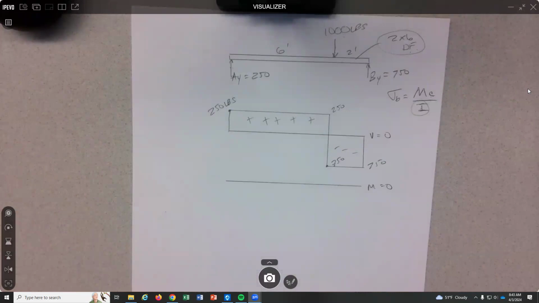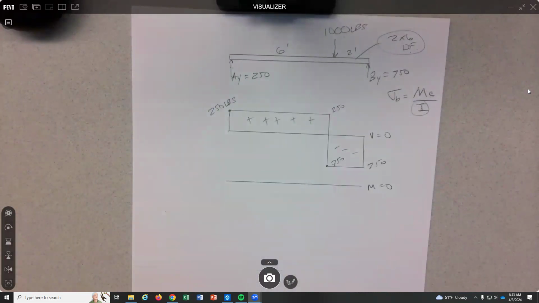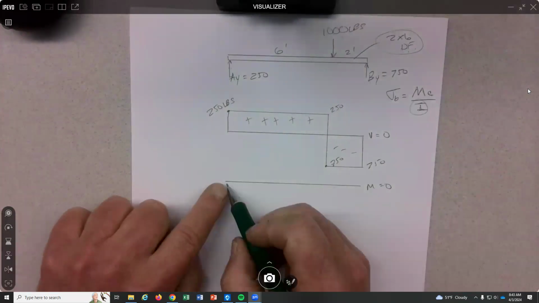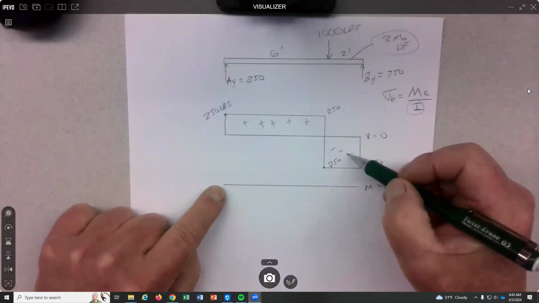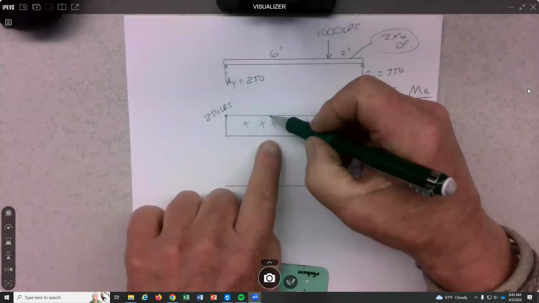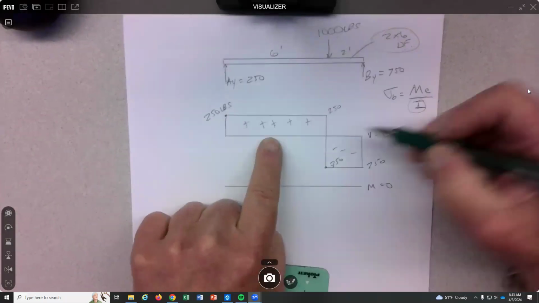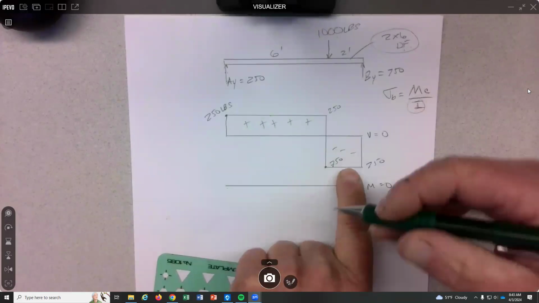Negative slope is down and to the right. Okay, because we're always working from the left to the right. That's the easiest way to do it. So if I'm over here, I see positive slope and I see negative slope, right? So that means, oh, it's got to go up. This is a smaller slope. This is a larger negative slope.